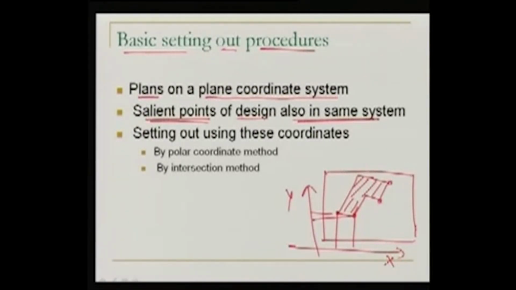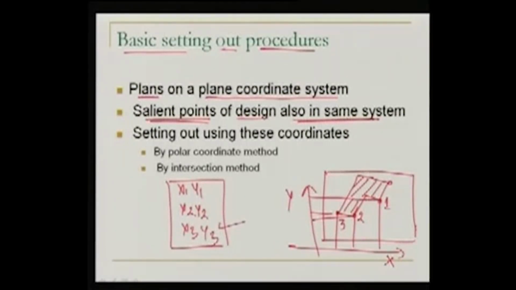So these are the salient points, for example. These points, point number 1, 2, 3, I can find their coordinates x1, y1, x2, y2, x3, y3, also in the same system. Now, once we have this information, we use it for setting out.